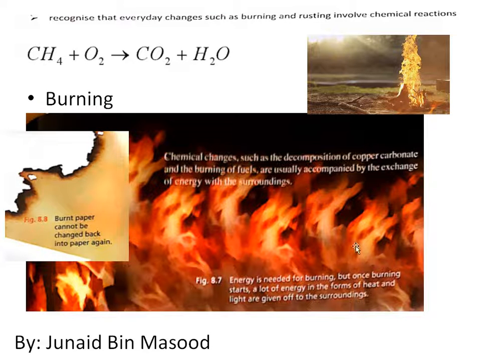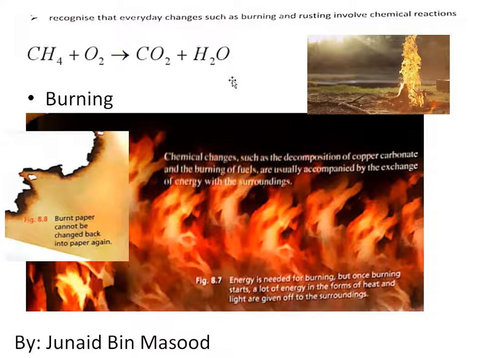So whenever you are going to burn something, it will release energy, and also it will produce carbon dioxide and water. If you look very carefully over here, whenever anything burns, it produces carbon dioxide and water. You have to remember, whenever anything is burning in the presence of oxygen, it will produce carbon dioxide and water.